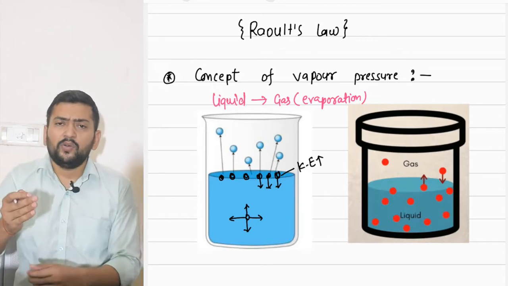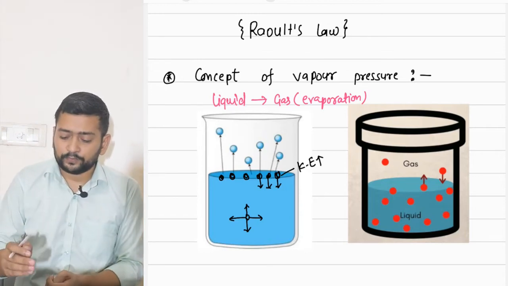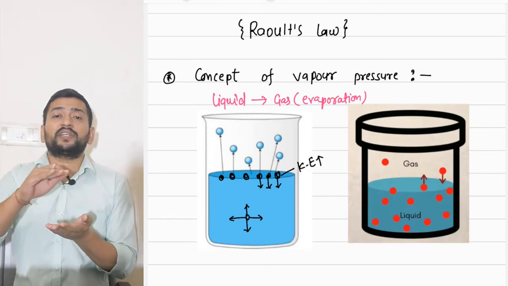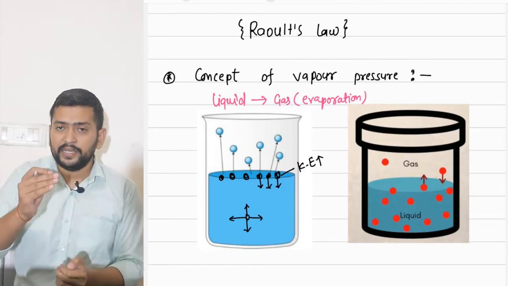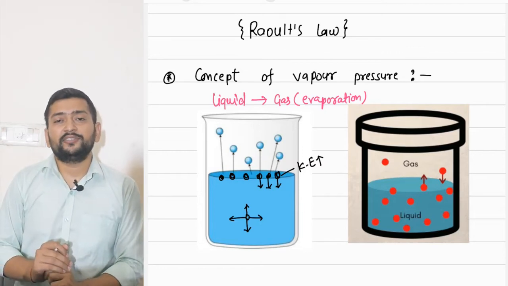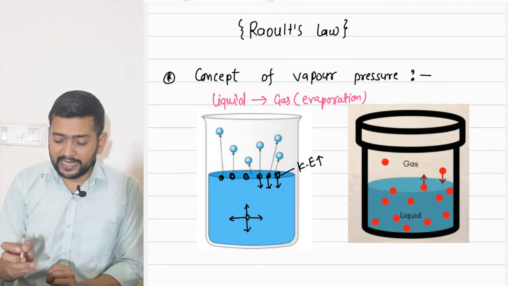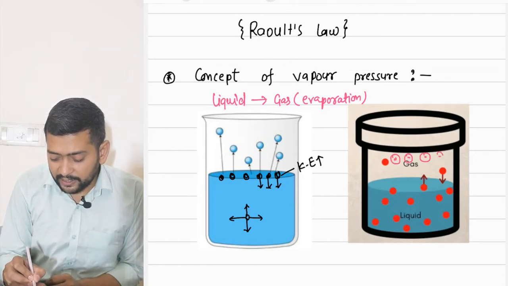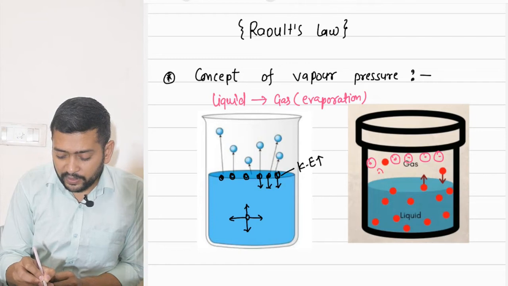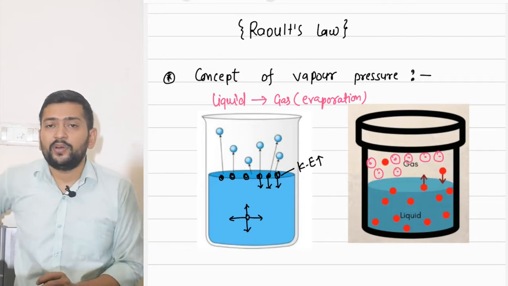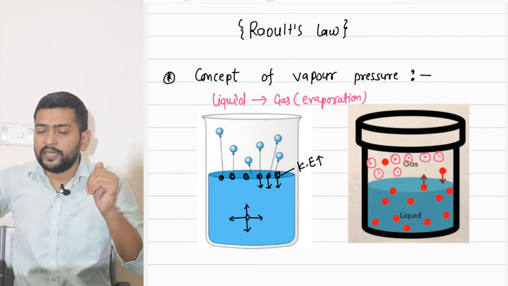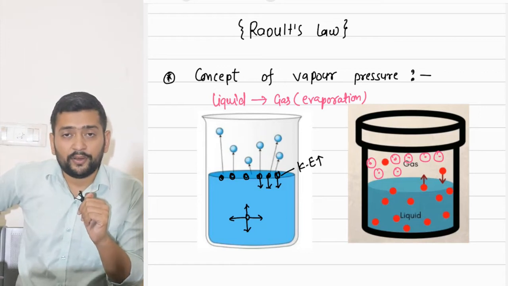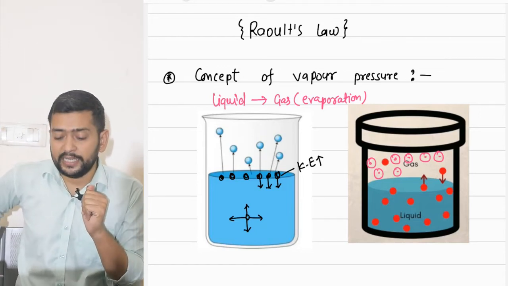Now, if I close the container, what is going to happen? In that case these gaseous molecules will start accumulating over here. In the next step, these gaseous molecules will again get cooled down and get converted into liquid.